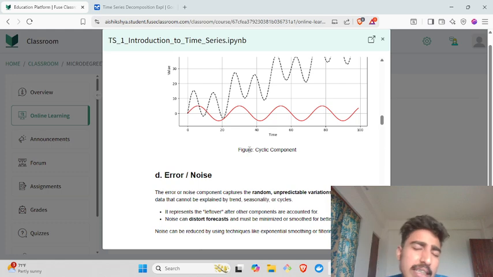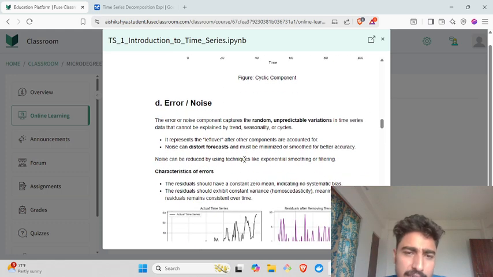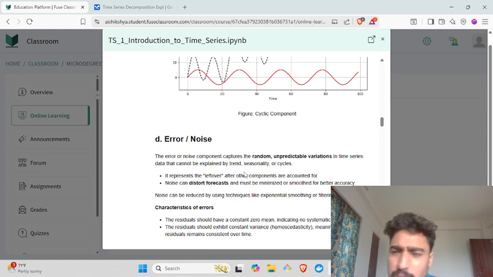And let's get into the noise or error. What actually is noise? Previously what we used to know about noise is that it is random data like outliers, which cause issues with model performance, we used to say.